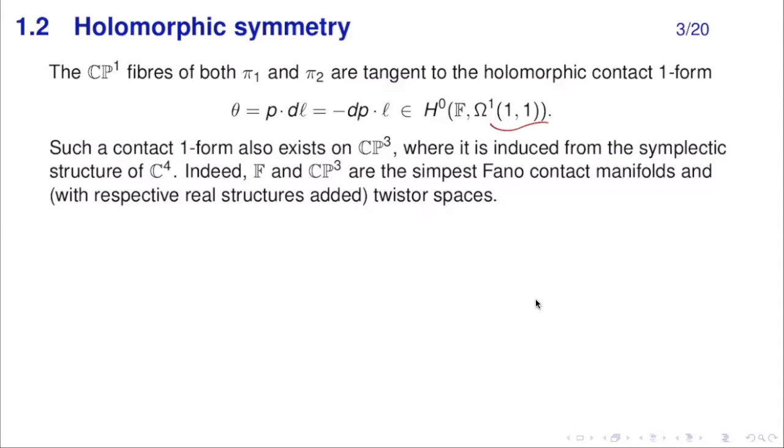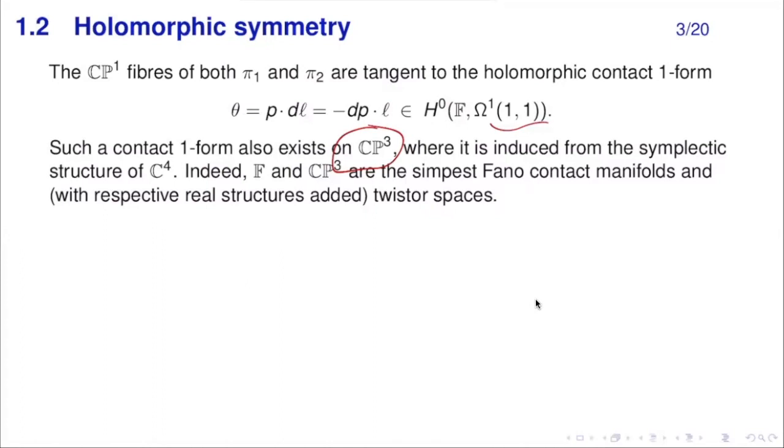So some of you may be more used to thinking about this on complex projective 3-space, but it's the same sort of setup. And in fact, part of the motivation of this talk is to try and do things on the flag manifold that have already been done on complex projective 3-space.